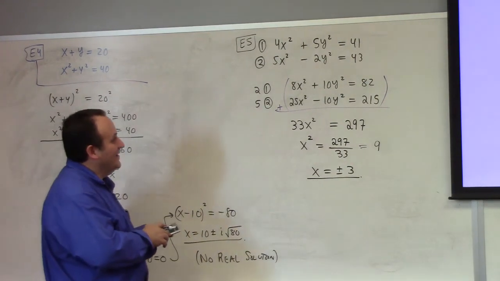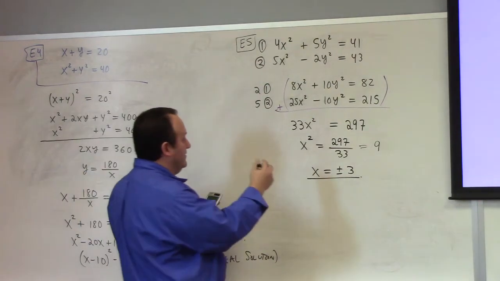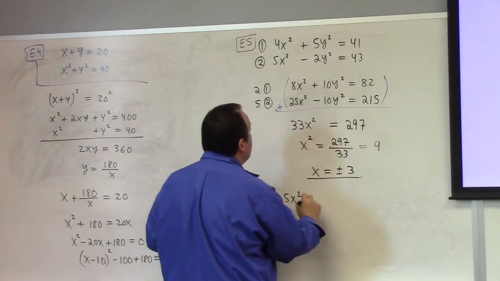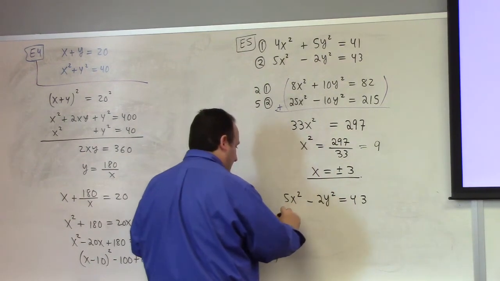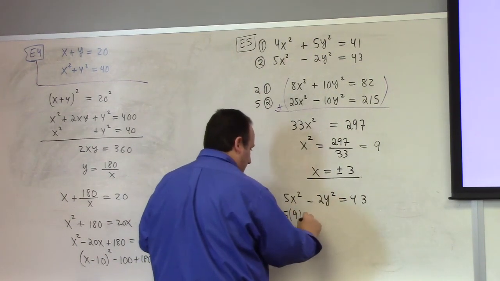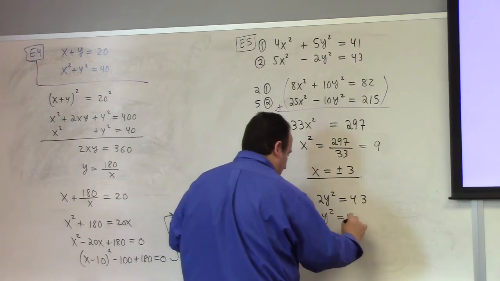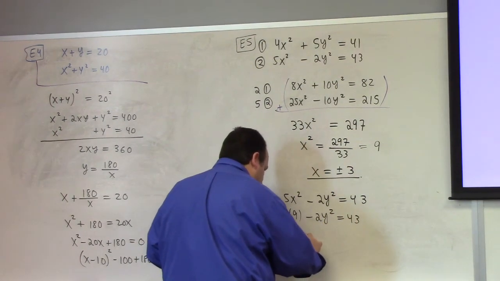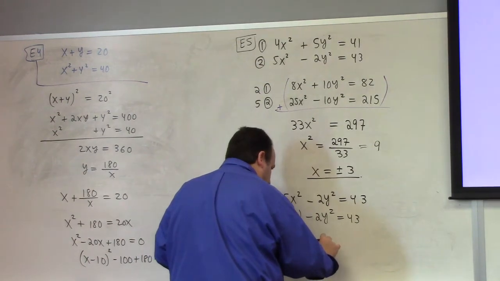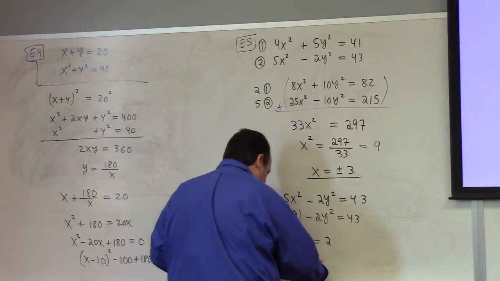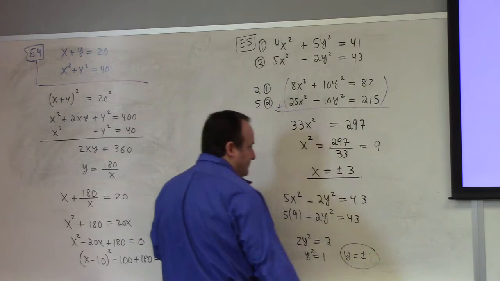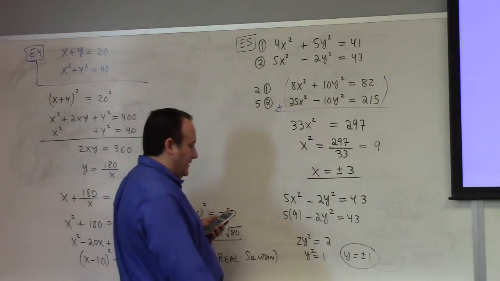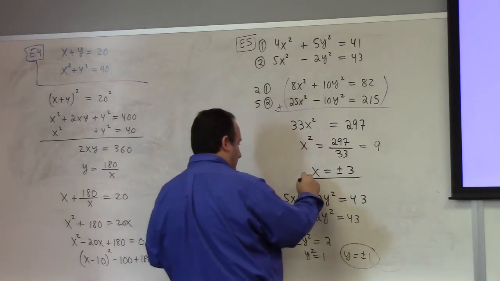Let's see here. Okay, so how do we find y? Plug it in, right? So 5x squared minus 2y squared equals 43 gives me 5 times 9 minus 2y squared equals 43, which gives me 2y squared equals 2. Y squared equals 1. Y equals plus or minus 1. Wait, aren't you subtracting 45 from 43 to be negative 2? But I had to move the 2y squared to the other side.